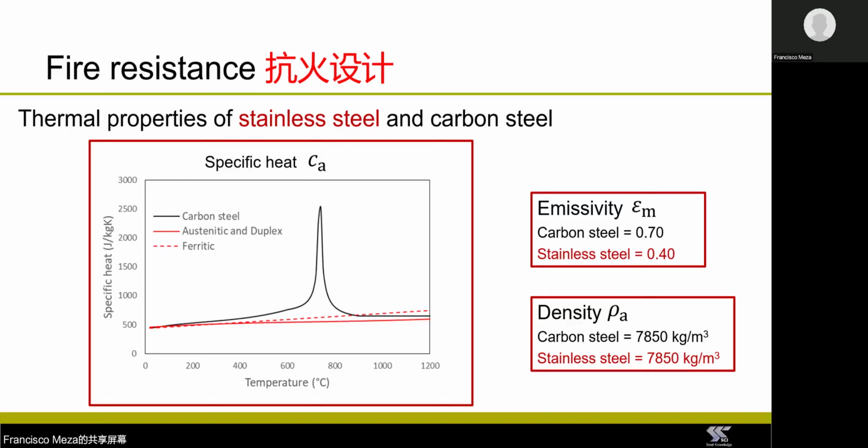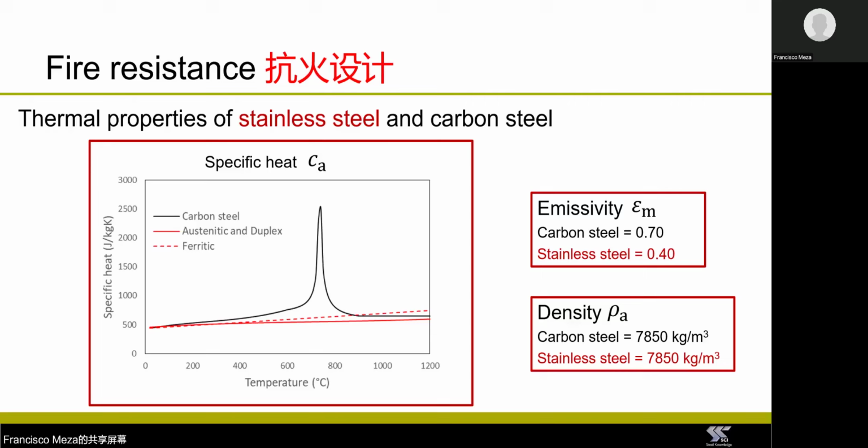Now, with regard to the density, both carbon steel and stainless steel are considered to have the same value, which is 7,850 kilograms per meter cube. Then we have the emissivity, which tells you how effectively a surface emits thermal radiation. But for metals like carbon steel and stainless steel, the surface emissivity also gives you a rough indication of how much thermal radiation is absorbed rather than reflected.